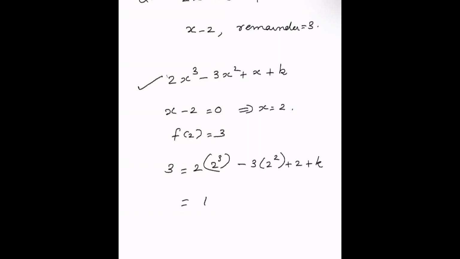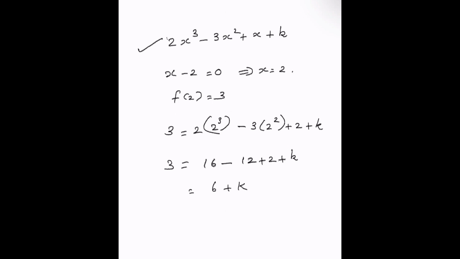This gives me 16 minus 12 plus 2 plus k is 3. So, 6 plus k is 3. Let me keep k here, and 3 minus 6 would be negative 3. Yes, k is negative 3.